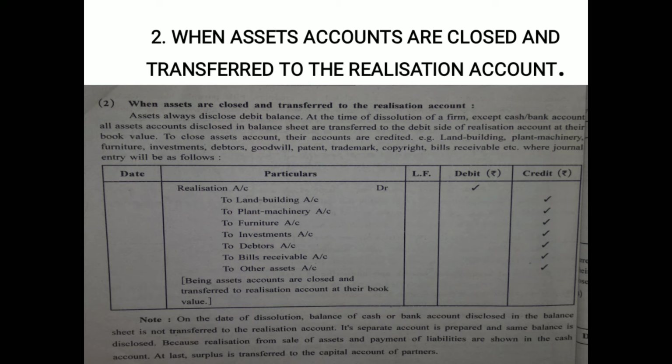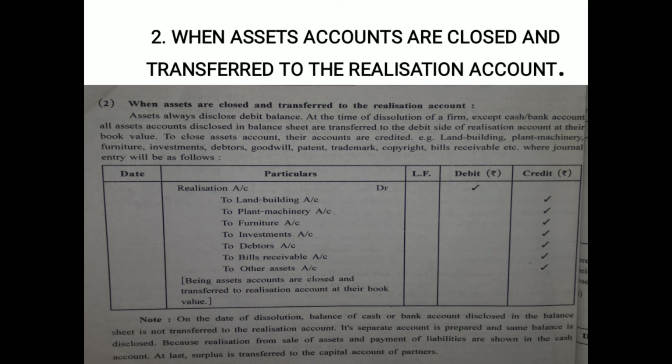And at the time of dissolution of a firm, except cash and bank account, all assets accounts are disclosed in the balance sheet and transferred to the debit side of realization account at their book value. Most important point. To close assets accounts, their accounts are credited, that is land and building, plant and machinery, furniture, investments, debtors, goodwill, patent, etc.